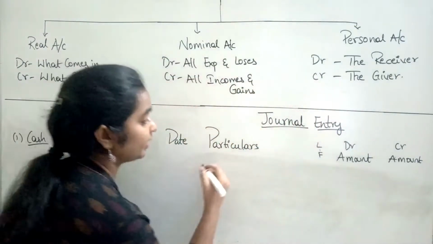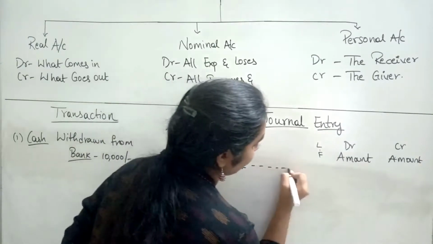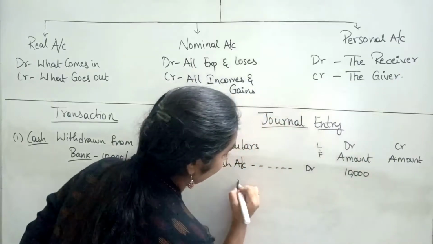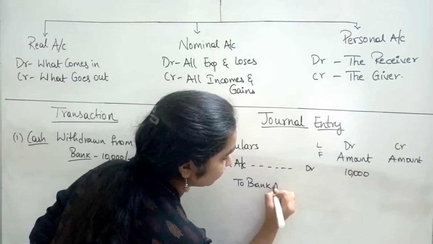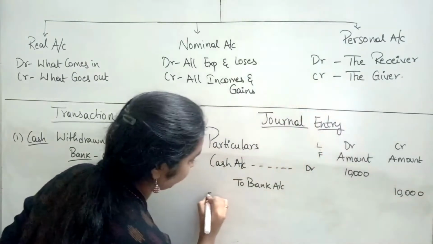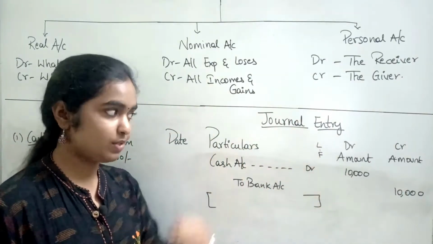So we need to debit the cash account, 10,000 rupees. And since the bank balance is going to reduce, we have to credit the bank account. And then the narration: being cash withdrawn from bank, 10,000 rupees.